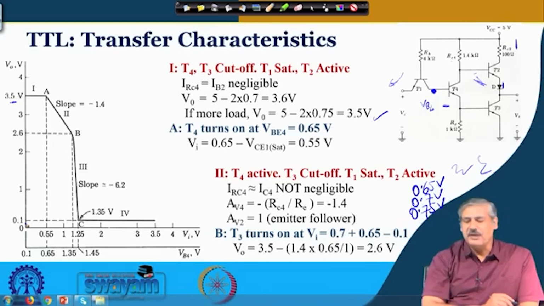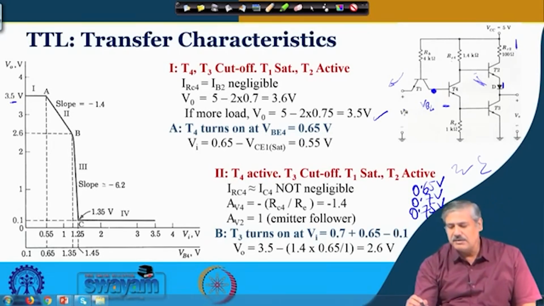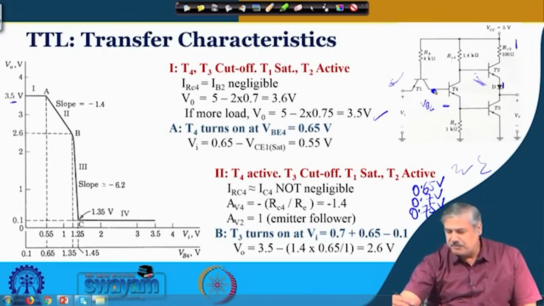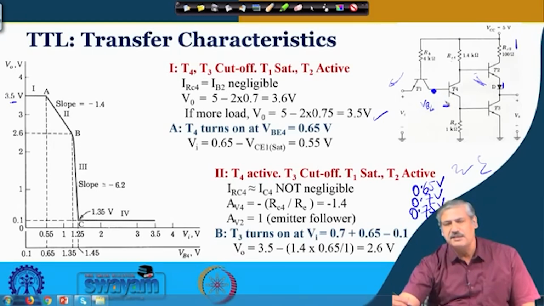Clear? Now, as the input voltage is increased, slowly current might get diverted in this direction. When VB4 is 0.65 volt, just at this particular point, T4 will turn on, this base emitter junction will turn on.